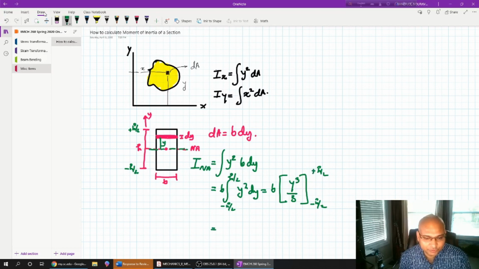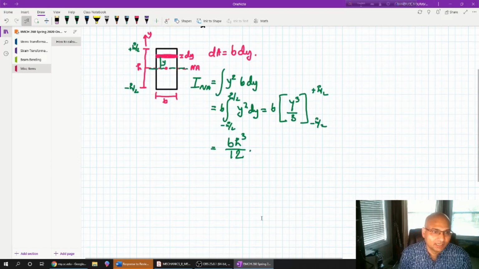If you substitute the values of y with h by 2 and minus h by 2, you will get b h cube by 12. So this is the fundamental equation for the moment of inertia of a rectangular section about an axis passing through the neutral axis, which is at the center.